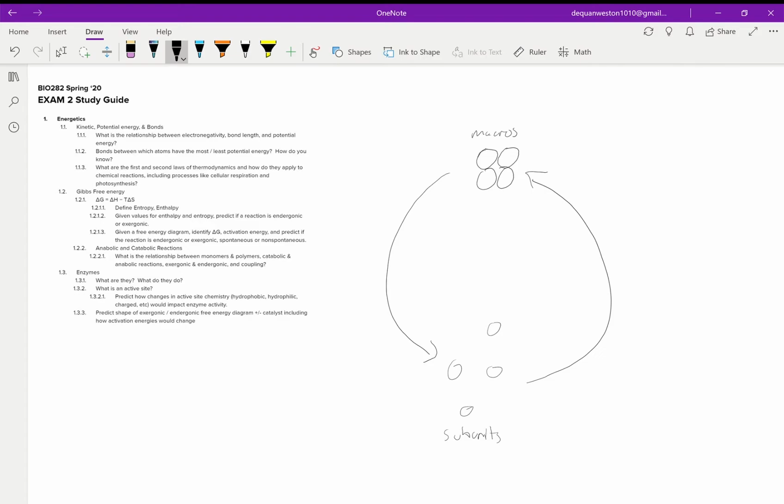When you go from many little things and you make a big thing, that's anabolism. Think of anabolic steroids. You have a little guy, and then all of a sudden he's huge because he was on anabolic steroids.